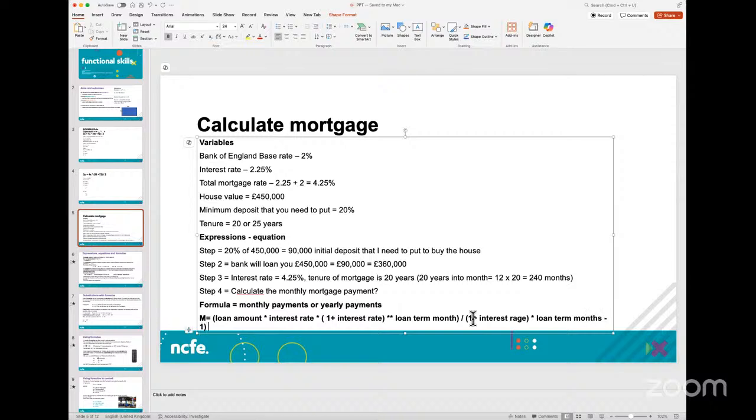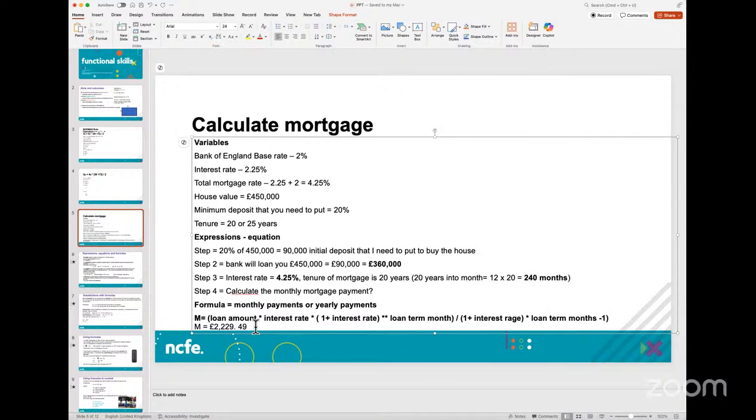Now this would essentially give us the calculation of what my monthly payments would be. So my monthly payment M is equal to, considering these values, that the loan amount is 360, the interest rate is 4.25%, and the tenure of the mortgage is 240. If we put this into this particular formula with a 20% deposit, my monthly mortgage payment is going to be 229.49.